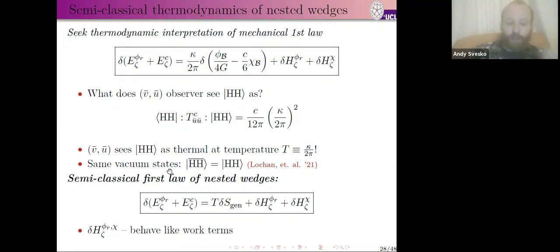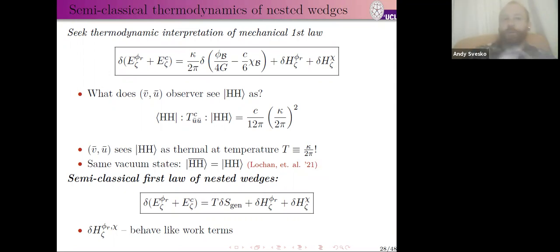And somewhat serendipitously, this result is because the vacuum states in the nested wedge, as well as the Hartle-Hawking vacuum in the nested wedge and in the eternal black hole, are actually one and the same. And this was recently shown, a paper was put out a few days before we posted our article, which considered the same question of looking at nested Rindler wedges, but in flat space.